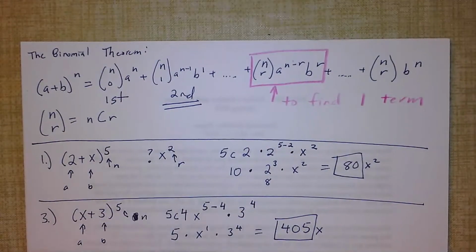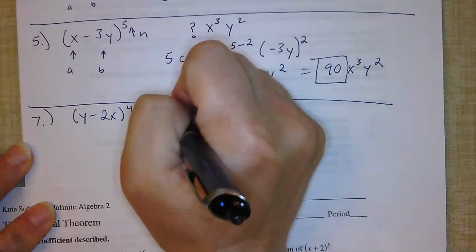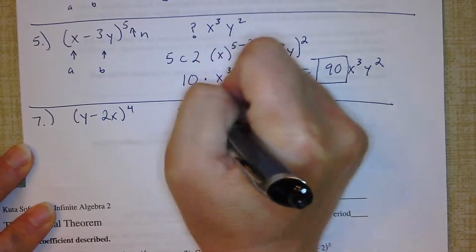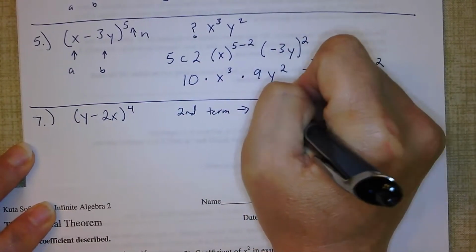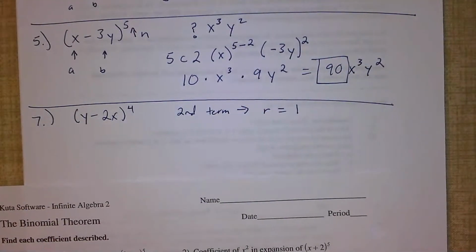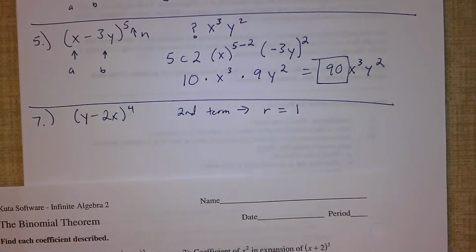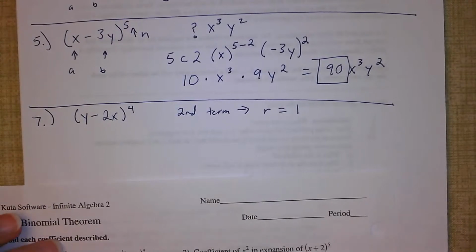Okay, so when we are looking for the second term, we are really going to use an r equal to 1. If we were looking for the third term, we would have an r equal to 2. If we were doing the fourth term, it would be r equals 3 and so forth.